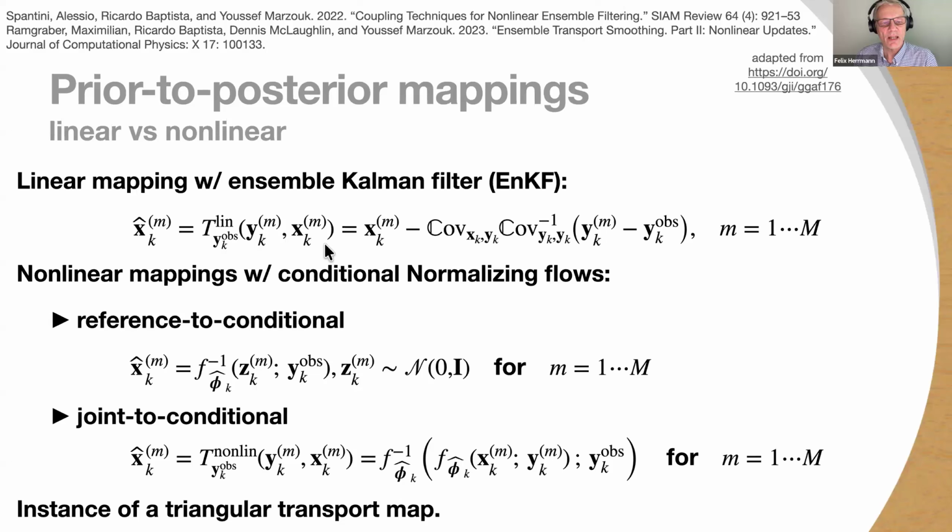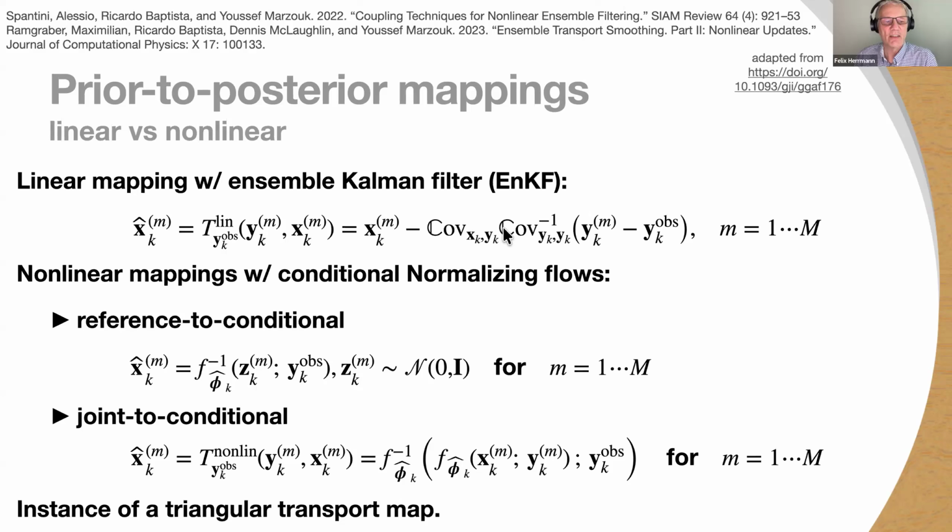And so in the end, you can write this in terms of the covariances for the ensemble, the xy cross covariance and the autocovariance of y, and then you condition on the observed y.